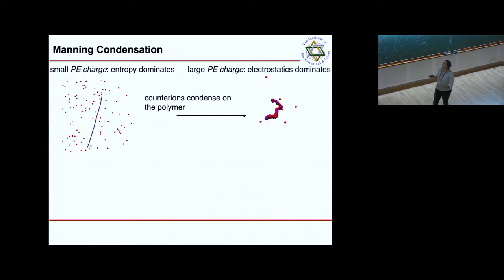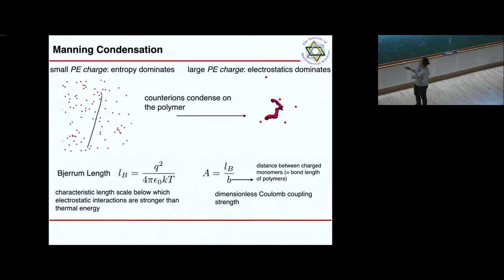But when the charge is very high, the electrostatics dominate, they condense on the polymer, and this condensation somehow leads to further collapse. There are many theories, which I'm going to talk about, but any collapse in this system starts with this process where the counter ions condense at reasonably high charge density.